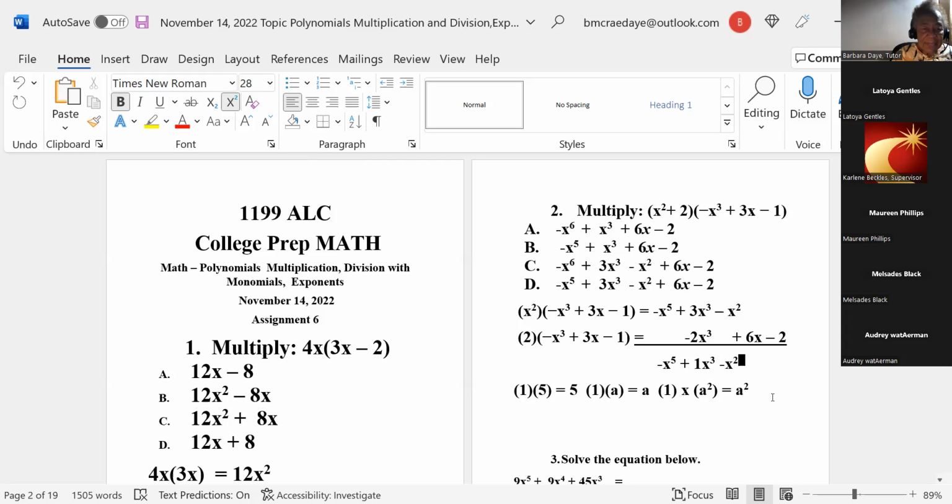Likewise, because it has nothing to work with, just bring down the 6x, plus 6x. And what about the minus 2? Likewise, it has nothing to work with, you only have the constant there, so let's put minus 2 there. Okay, now we look at our answers and let's see which one is our answer.